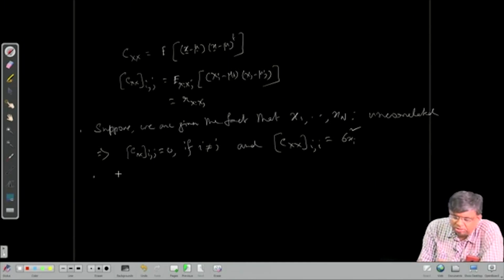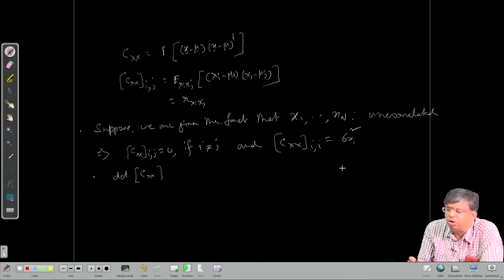Number 1, the determinant of Cxx. Now, Cxx is a diagonal matrix. All other elements are 0, only diagonal elements are sigma x1 square, sigma x2 square, sigma x3 square, and so on, their product. So the determinant is sigma x1 square, sigma x2 square, and so on.